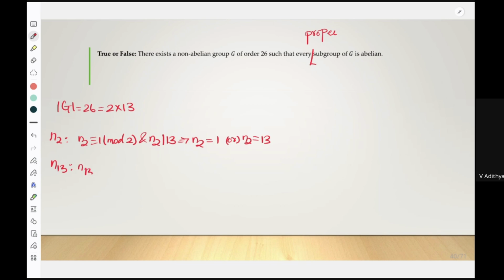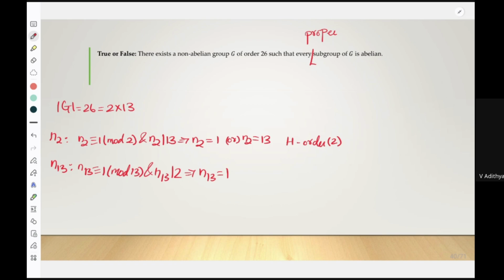Here we have N13 is congruent to 1 mod 13 and N13 divides 2. This means N13 is 1. So now, no matter how many Sylow subgroups you have, the Sylow 2-subgroups H will have order 2. So it's a prime order subgroup. So it's necessarily cyclic, hence it's abelian.